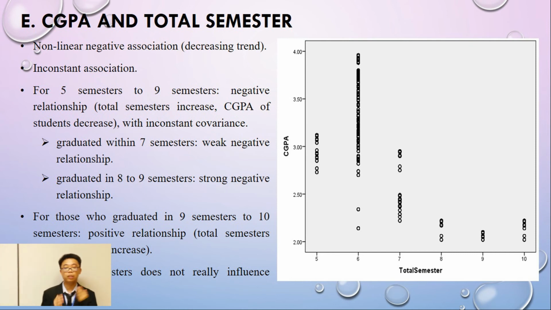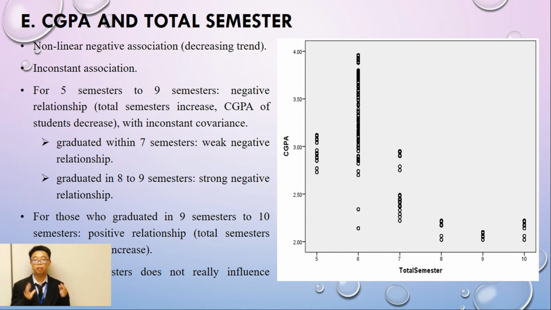For CGPA and total semester, there exists a non-linear negative association, which is a decreasing trend overall. So from here there exists an inconsistent association, which is from 5 semesters to 9 semesters, there exists a negative relationship between the CGPA and total semester, where when total semester increases, the CGPA of the students will decrease with inconsistent variance.